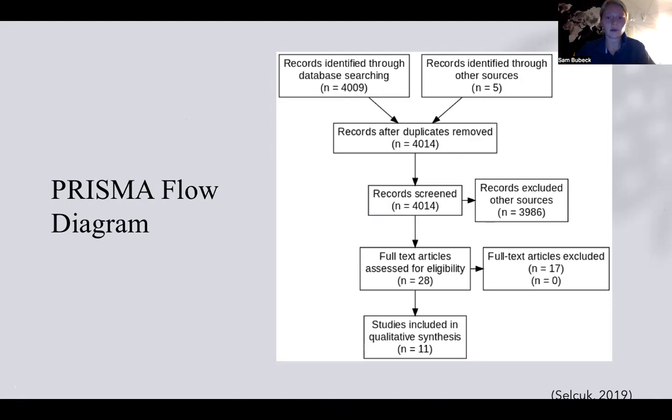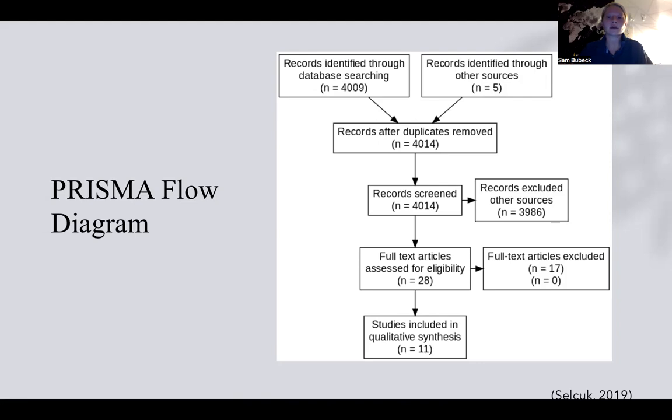I began with 4,009 research articles through using PubMed and Google Scholar. Additionally, I found 5 more resources, and those were found in the references from other articles. Records after duplicates were removed. There were no duplicates.